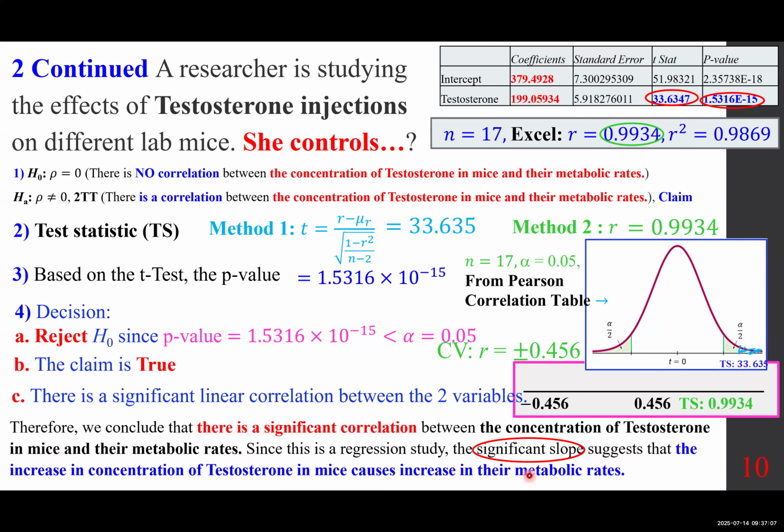Take a look at this significant slope, 199.05934. This is the slope, everybody. In other words, y equals 199.05934x plus 379.4928. That's the formula in essence.